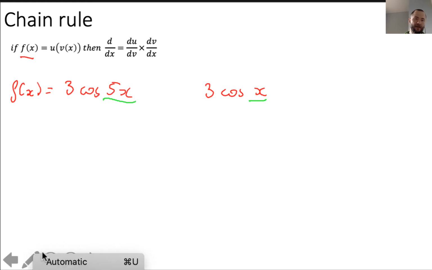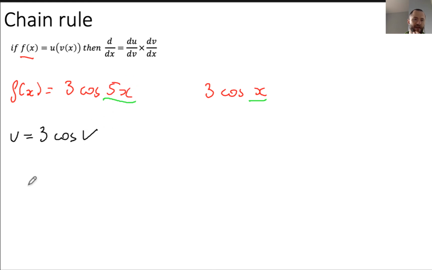So what does it mean for finding my derivative? I have f of x equal to 3 cos of 5x. So what I can say is that u, the outer function, equals 3 cos of v. I'm making a substitution: the inner function is replaced with a letter, and I can say that v is equal to 5x.